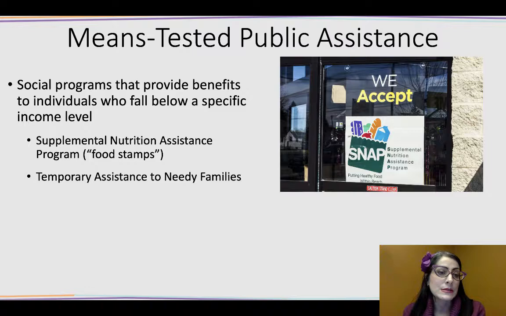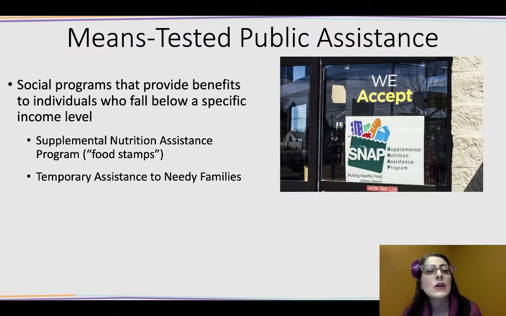Means-tested public assistance. Those are social programs that provide benefits to individuals who fall below a specific income level. So here in the United States, we have SNAP, the Supplemental Nutrition Assistance Program, commonly known as food stamps. We also have TANF, Temporary Assistance to Needy Families.